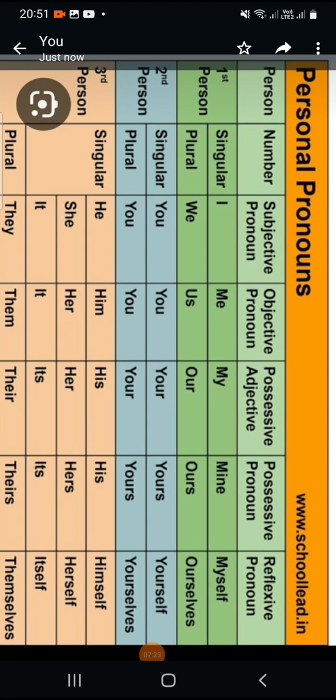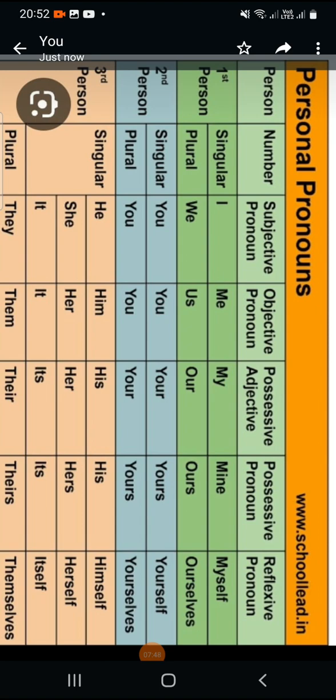And the third thing is gender. So before deciding the appropriate pronoun, you have to take care of 3 things: person, number, singular or plural, and gender. Gender is masculine, feminine, or neuter. 3 genders, I think you must know about it, right?